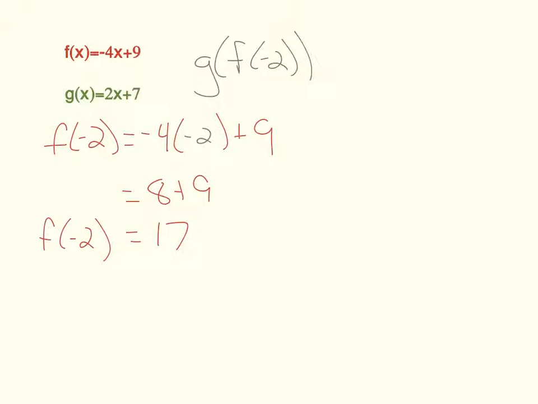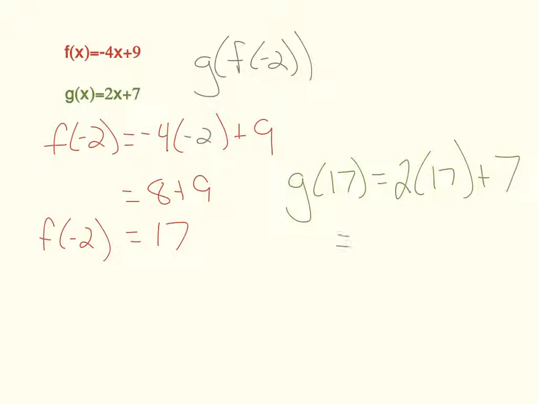Okay, but the complete question is asking what g of f of negative 2 is. Well, since this inside is actually 17, what we're really doing is figuring out what g of 17 is. So then we're going to take 2, multiply it by 17, and add 7. Because again, the rule of g says multiply whatever information you want by 2, and then add 7 to it.